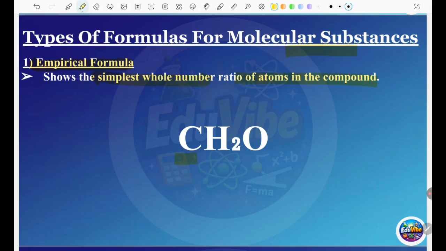So we have, for example, CH2O. CH2O is the simplest whole number ratio of the atoms in a compound. So this is how the empirical formula looks. It is a very simple type of formula. When we get questions related to this, we sometimes get the formula in this form. CH2O is that type of empirical formula.